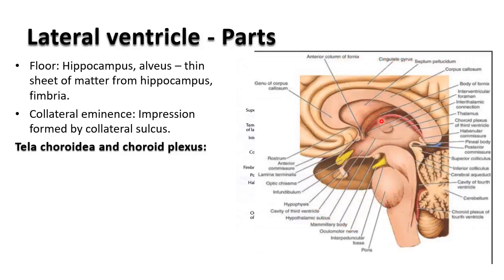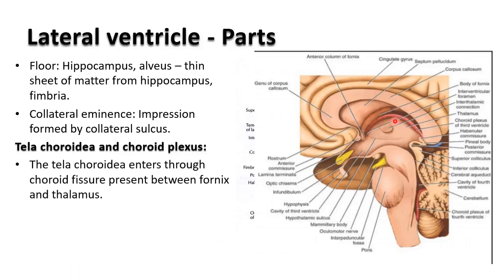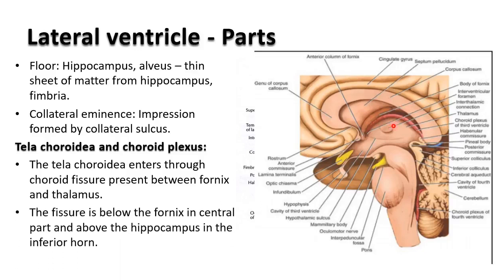Here you can see the tela choroidea with the choroid plexus entering the lateral ventricle through the choroid fissure, which is present between the fornix above and the thalamus below. Through this fissure the tela choroidea along with the choroid plexus enters the central part of the lateral ventricle.